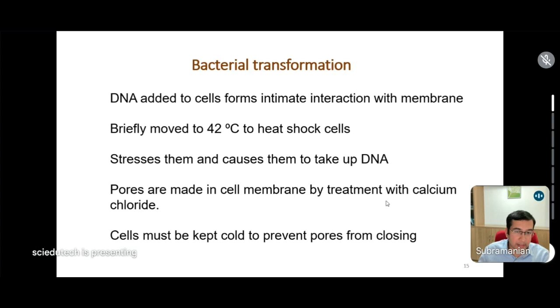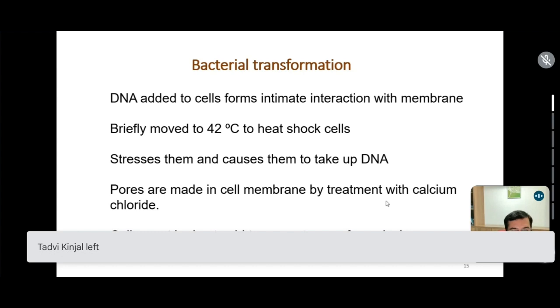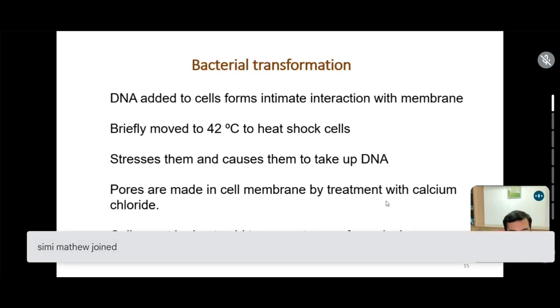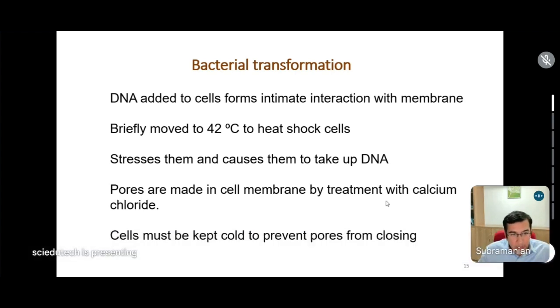I'll also talk about other ways to select the bacteria containing your gene of interest. So for bacterial transformation, what you do is you add DNA into the cells, and this forms an intimate interaction with the membrane. You give a heat shock of 42 degrees to the cells. This stresses them and causes them to take up DNA. And pores are made in the cell membrane by treating them with calcium chloride.